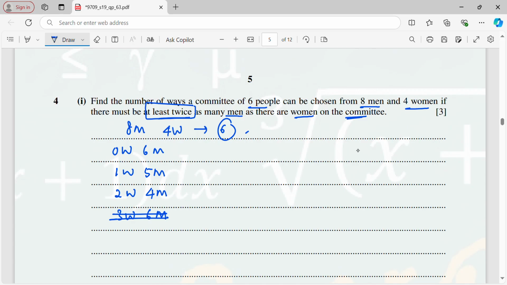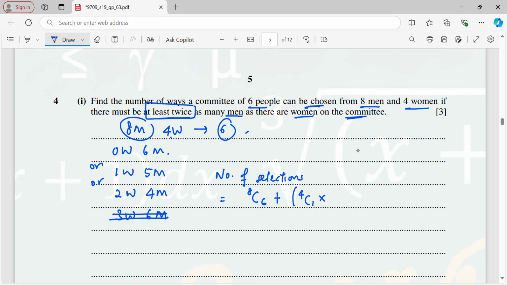Right? So from here, I will just write number of selections. Because it's mentioned can be chosen, that means this is number of selections, no arrangements involved. So firstly, I need to choose 6 from 8. Therefore, 8C6. All means plus. So now, 4 women, I choose 1. So 4C1.